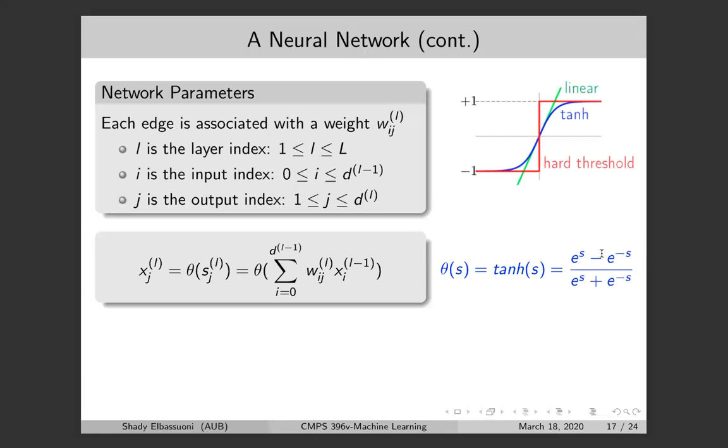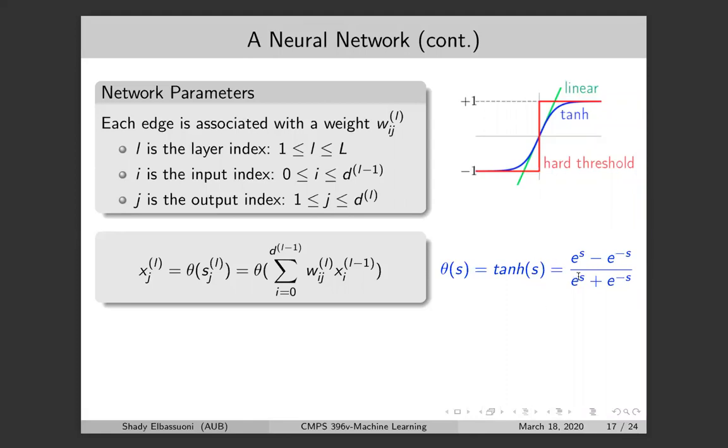What is the formula for tanh? It's e to the power of s minus e to the power of minus s, over e to the power of s plus e to the power of minus s. Okay? So this is a signal, I know it. If I have the weights and the input features, I know the signal. Raise e to the power of s minus e to the power of minus s, and then divide by the denominator.